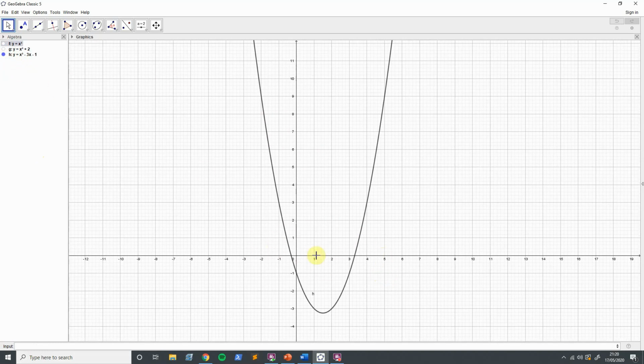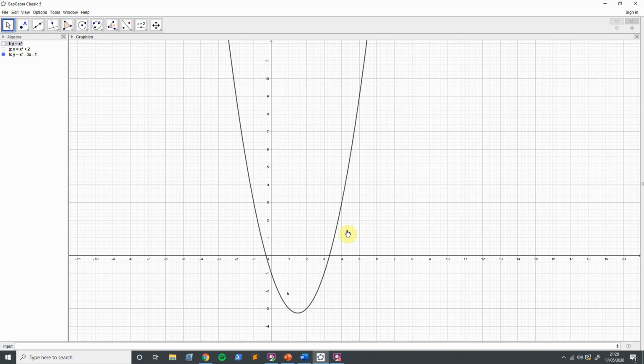I can't quite describe exactly how it's moved, because I don't know exactly how it's been moved, but it still looks like the U shape. Nice and curved. It's just been moved somehow by the minus 3x and the minus 1. Well, I can see this minus 1 at the end is actually where it crosses our y-axis, and that's always the case. If there's just a plus or a minus number at the end, that's always going to show where it crosses the axis, but we'll look at that in more detail another time.